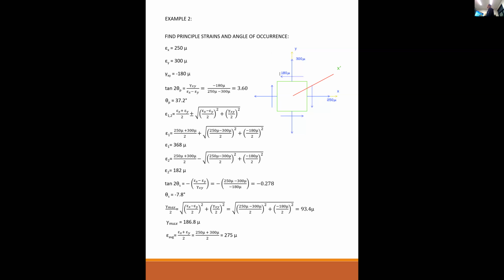And 90 degrees to that, you'll have your minimum, or y prime. So 368 is your maximum and 182 is your minimum. And then the maximum shear strain is at minus 7.8. If I draw that angle, roughly minus 8 degrees, it is along this coordinate axis that you will experience your maximum shear strain. And you'll find your average normal strain along this angle.